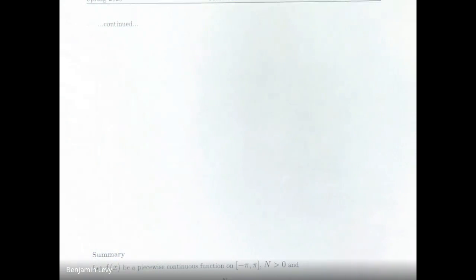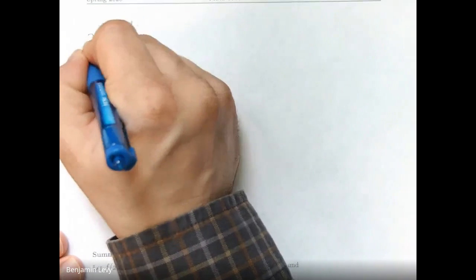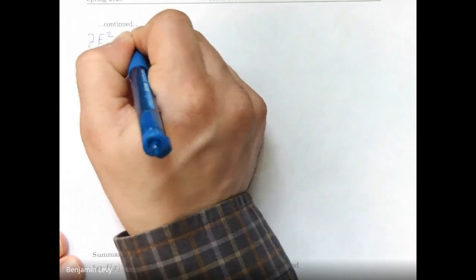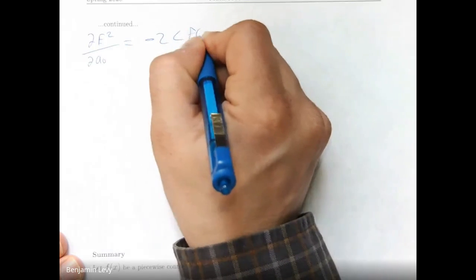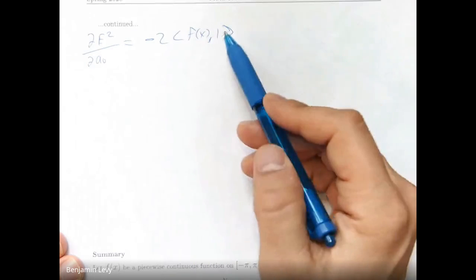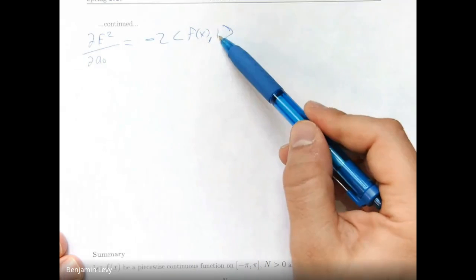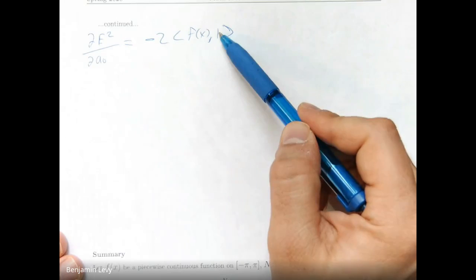And again, what we're looking at here is the derivative of that e squared function with respect to A0. And we will get this: minus 2 inner product of f of x with 1. That was the first term. There used to be an A0 where the 1 was, but when you take the derivative with respect to A0, it becomes a 1.